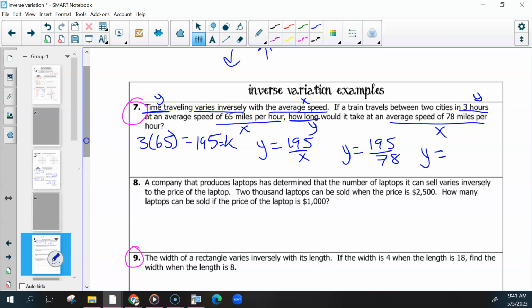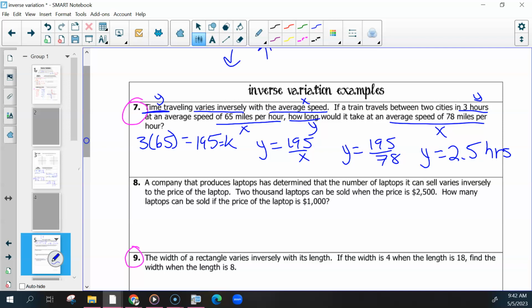What is our y value? And it is a word problem, so what label? Hours. So what we can see is it starts at 3 and starts at 65. The amount of hours goes down, the average speed goes up. So that would be an example where they're opposite.